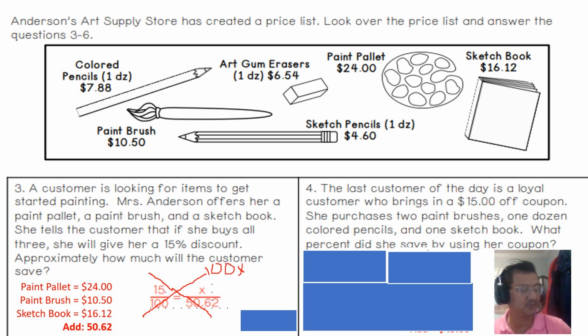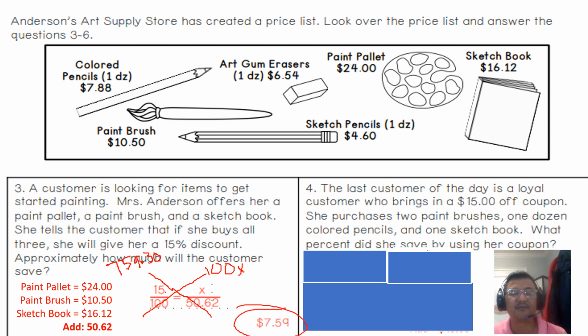On this side, we multiply them. 50.65 times 15 is 759.30. So that x will be alone. Divide by 100, and your answer will be $7.59. Just round it so that it looks like money.